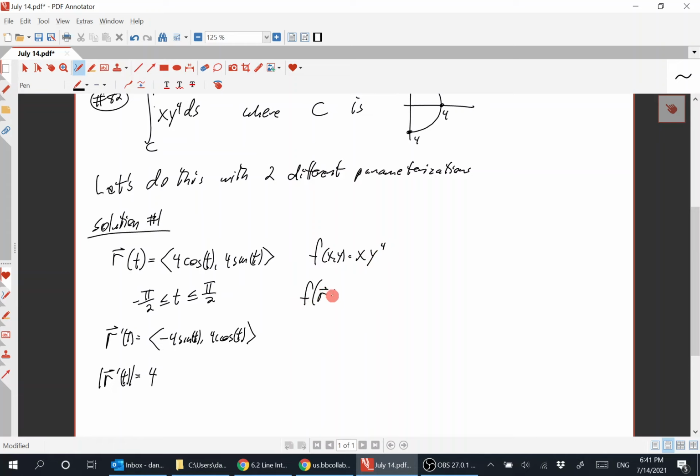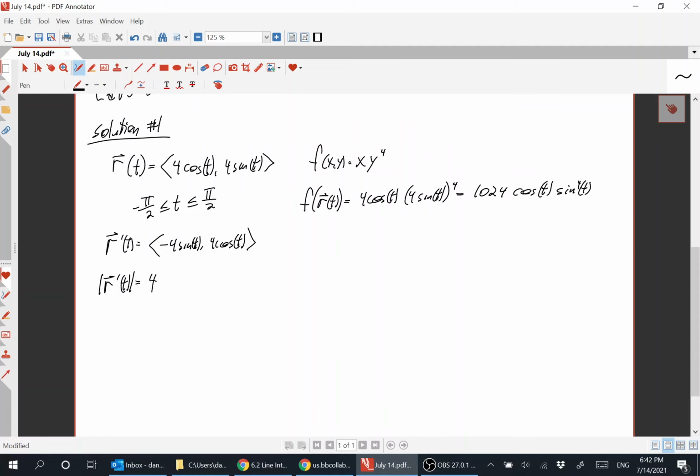So f of r of t, the function along the curve, has x equal to 4 cosine t, and y to the 4th equal to 4 sine t to the 4th. This is equal to 4 to the 5th, which is 1024, cosine t sine to the 4th t. So there's all the ingredients for doing the calculation.